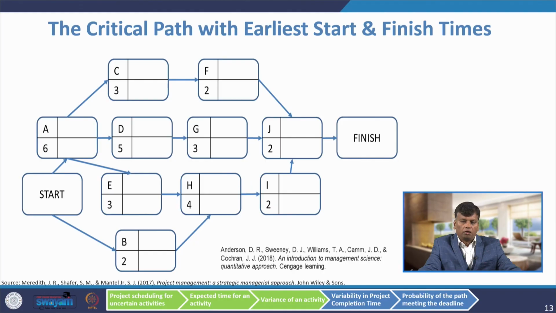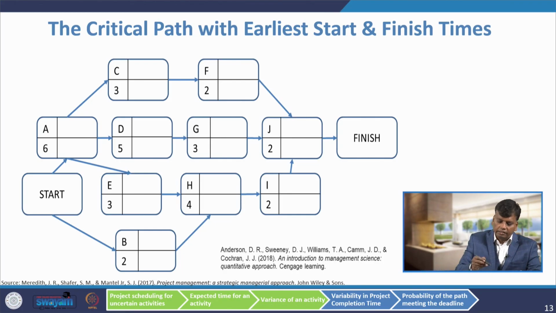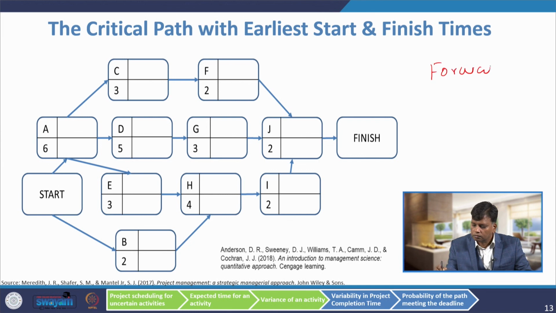Now, I have drawn the table into the network form by considering all the precedence activities. So, there is activity A, C, D, E, F, G, H, I, J. Now, by using forward pass, I am going to find out earliest start time and earliest finish time for each activity.